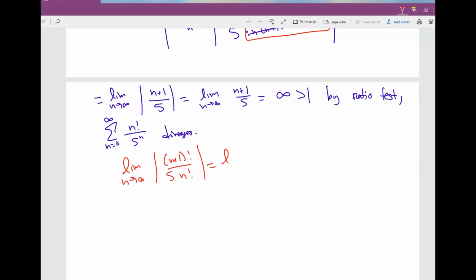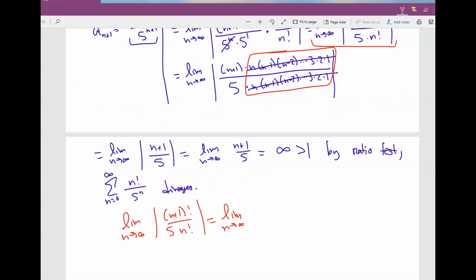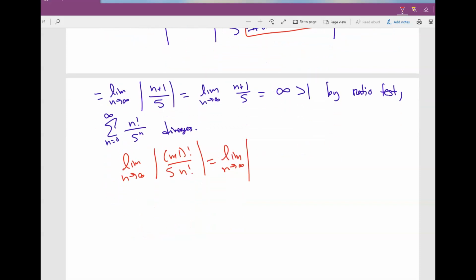One thing that you could have also done, and maybe in the beginning you might have to expand it all out and then cancel them out, but after a while, you might do n plus 1 times n factorial divided by 5 n factorial, because n plus 1 factorial is just n plus 1 times n factorial. Notice that the n factorials cancel out and you're just left with the same thing.